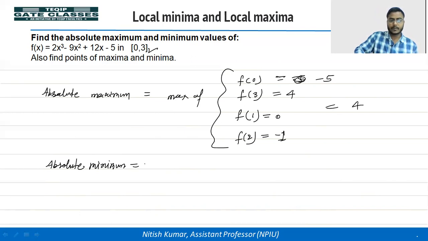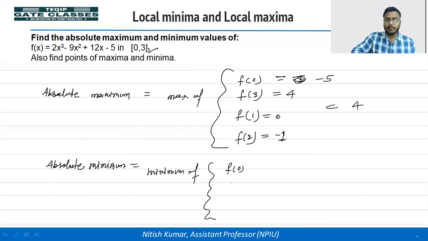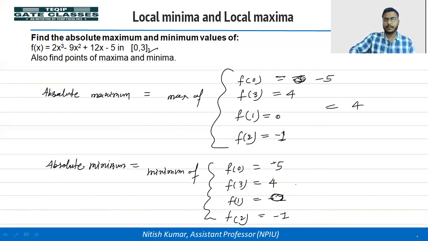That would be the minimum of f(0), f(3), f(1), f(2): minus 5, 4, 0, minus 1. So the minimum of these values is minus 5. That is the minimum. So the absolute minimum is minus 5.